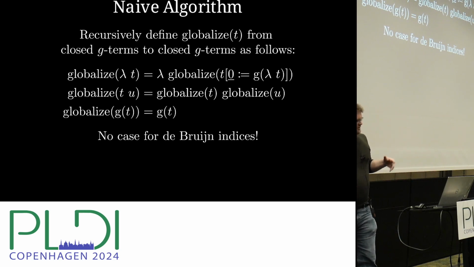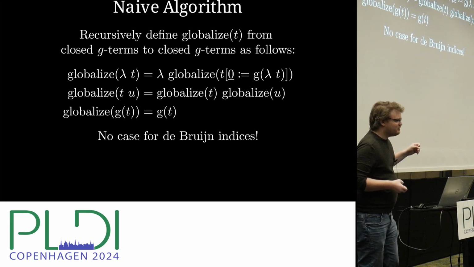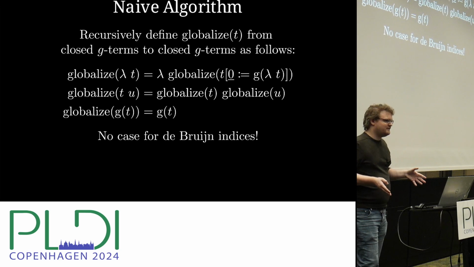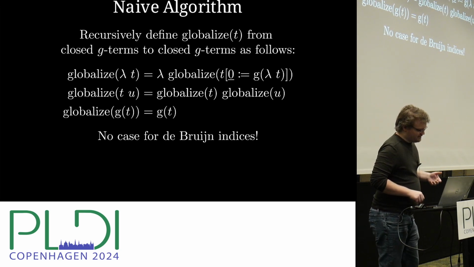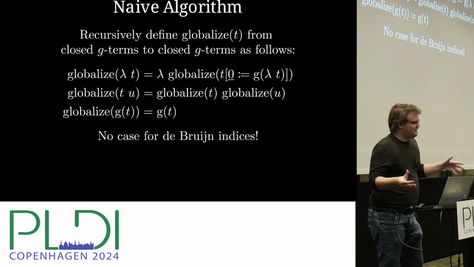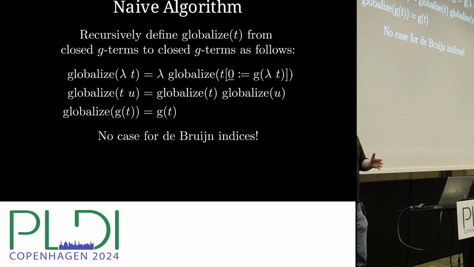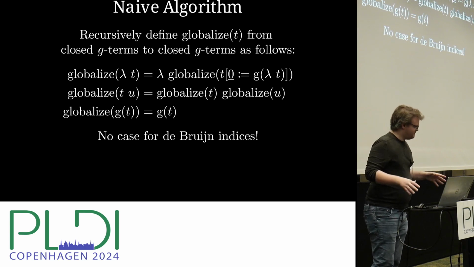And the way it works is, if you encounter a lambda, then you substitute all of the variables that point to that lambda with a global variable that captures the entire term. And if you encounter an application, then you just recurse, and if you encounter a global variable, then you're done.